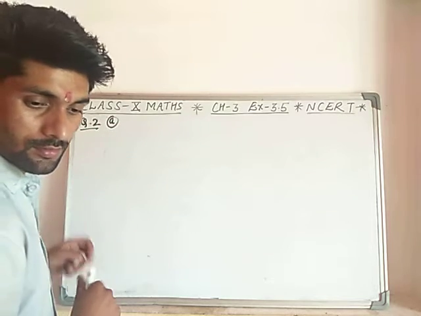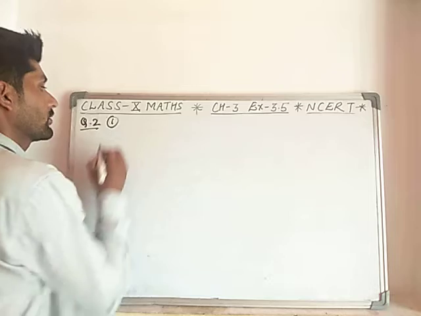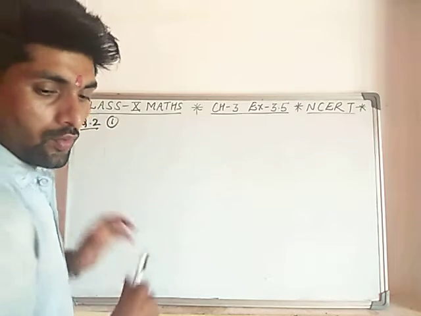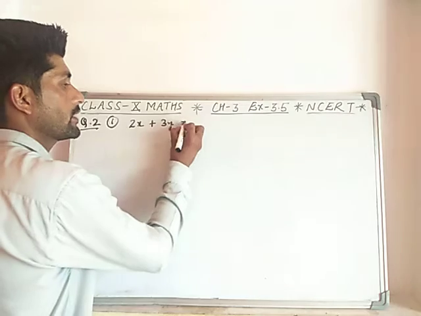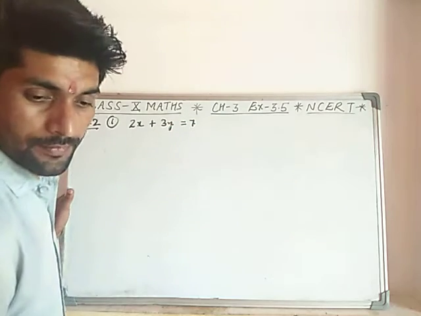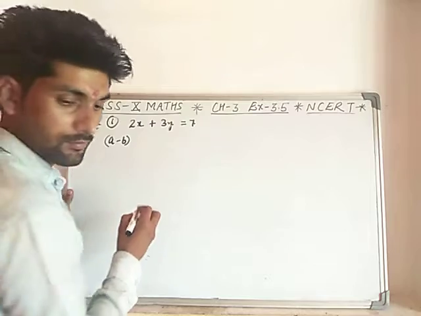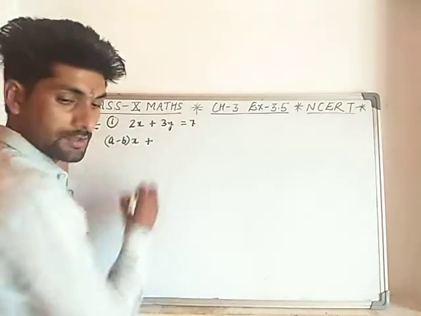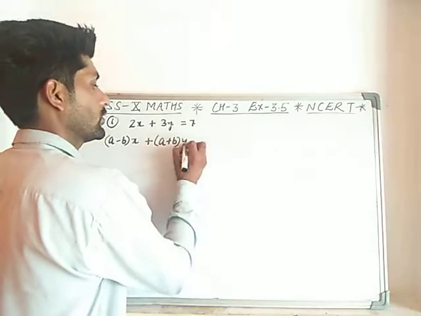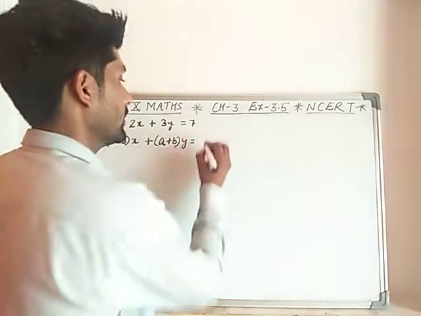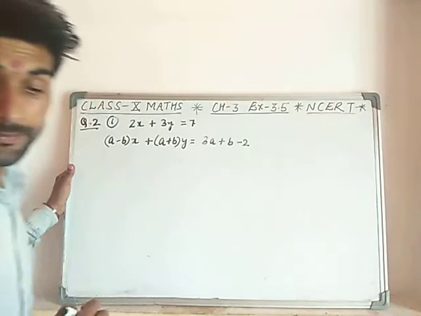We will solve part 1 first. 2x plus 3y is equal to 7, and (a minus b)x plus (a plus b)y is equal to 3a plus b minus 2.